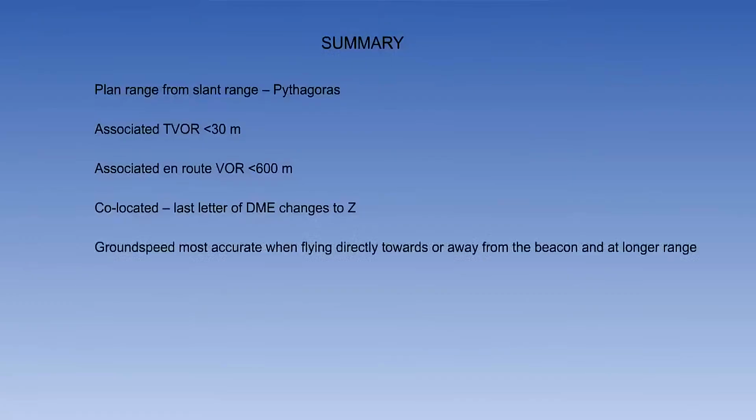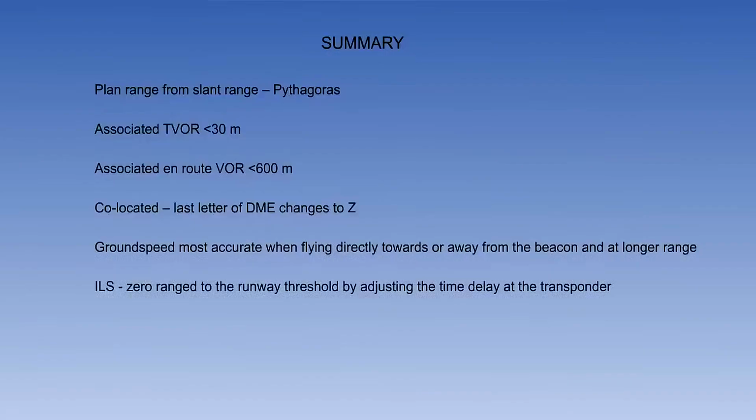Any ground speed calculated is most accurate when flying directly towards or away from the beacon and at longer range. DMEs associated with ILS installations are zero range to the runway threshold by adjusting the time delay at the transponder.